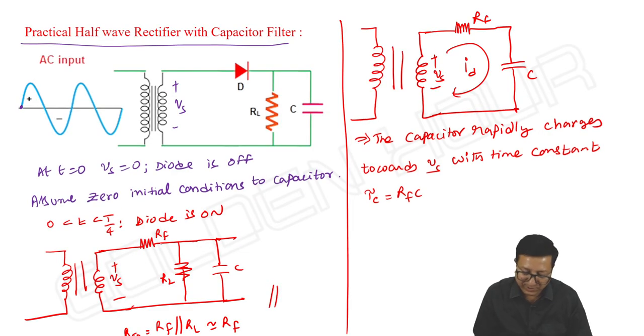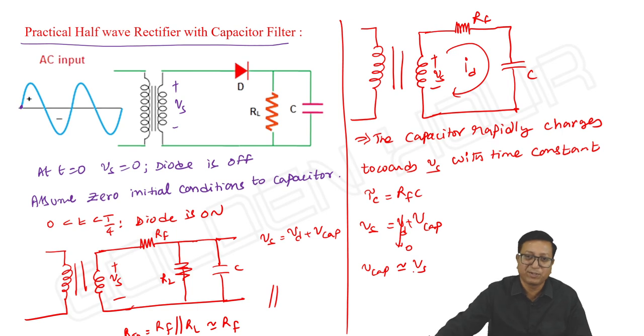Here also, what we can write in this circuit, anyway, Vs is equal to Vd plus V capacitor. The equation doesn't change. Vd is neglected, so V capacitor is approximately equal to Vs. The same story only.